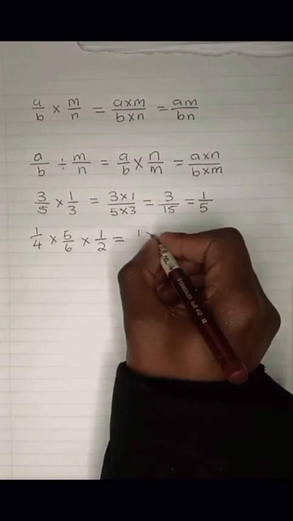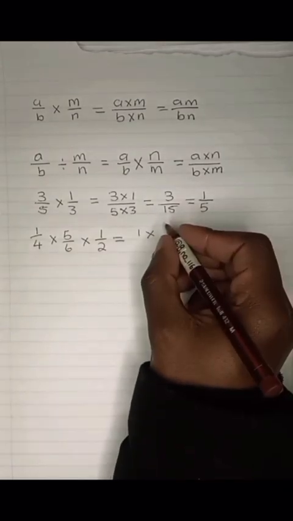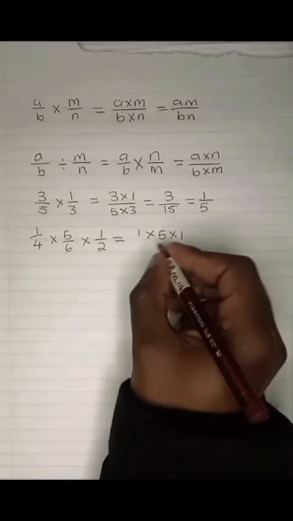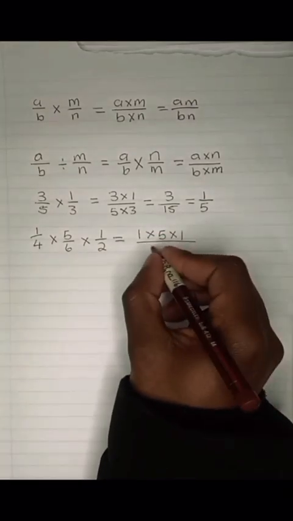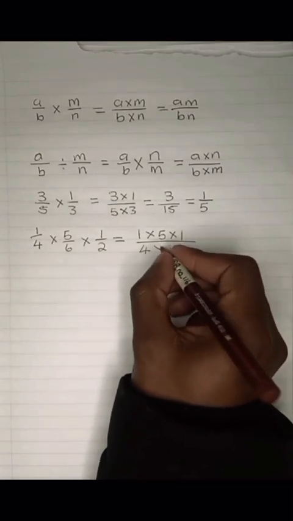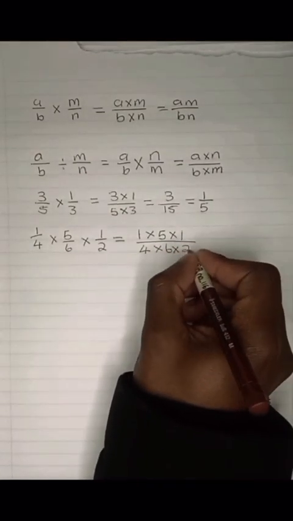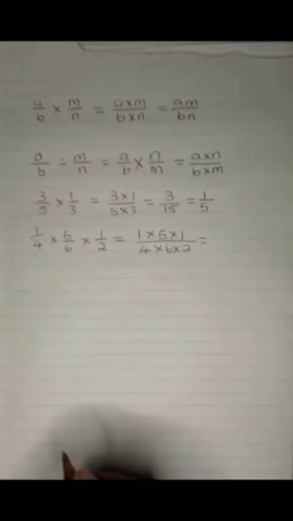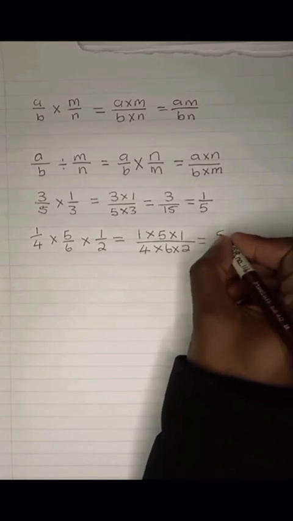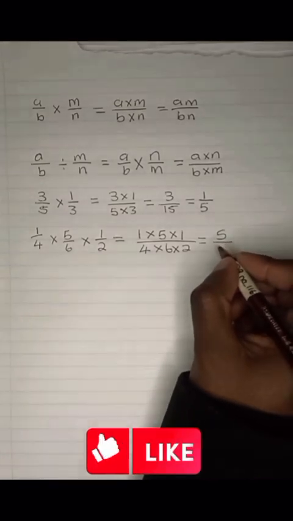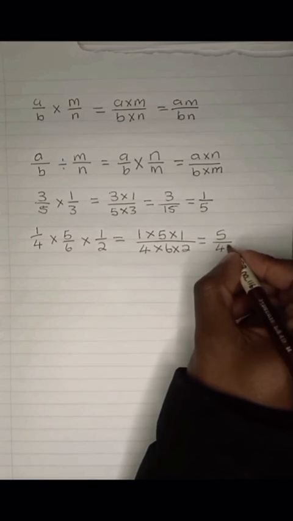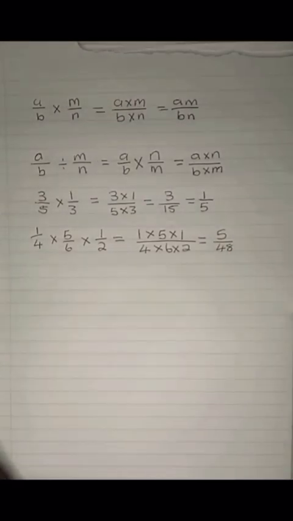Remember, you multiply your numerators, and then you also multiply your denominators. One multiplied by 5 multiplied by 1 is 5, all over 4 multiplied by 6 multiplied by 2, which is 48. So that is your final answer.